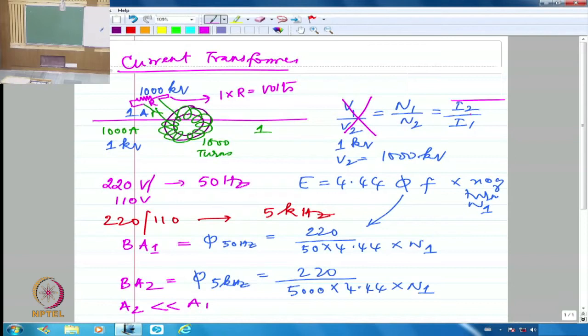So we may have generators and electronic systems, all of them working normally at much higher frequency so that they are miniaturized. Space is at a premium in aircraft. So you want to reduce the size as much as possible when you go to aerospace electronic systems. So all of them are going to work at higher frequencies, not at 50 hertz.